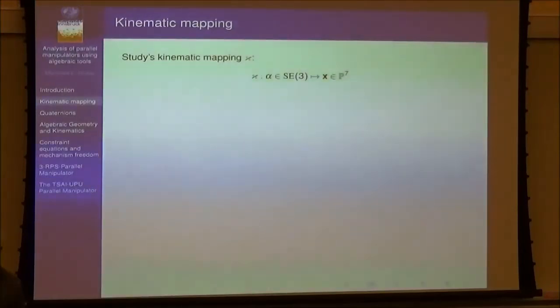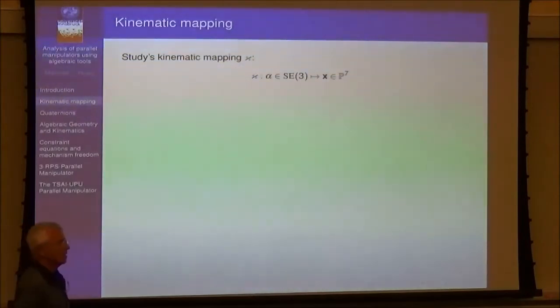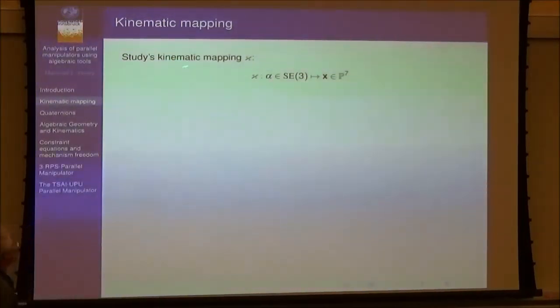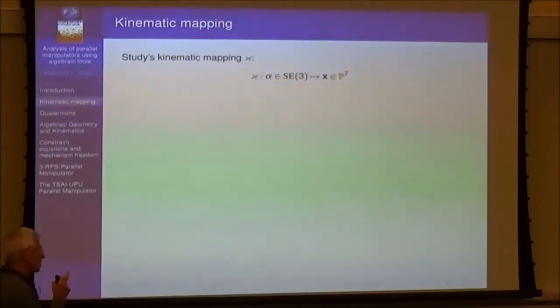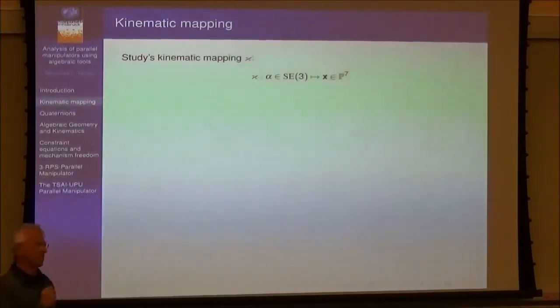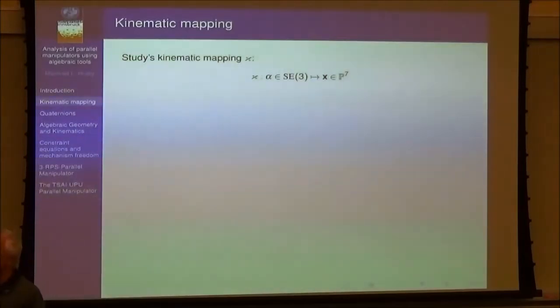Okay, and now we do something I have heard also in the talk of Jeff before. He has already said there is something that is called kinematic mapping. And this kinematic mapping is another interpretation of quaternions. Quaternions, you remember, were special numbers which had 4 entries, and the dual quaternions had 8 entries. And this kinematic mapping now makes an interpretation of quaternions in a higher dimensional space.